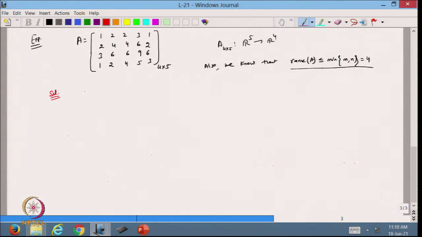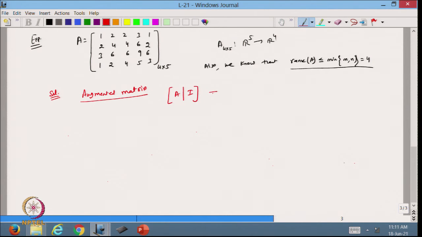For this I take the augmented matrix. So, this is my augmented matrix, A augmented with the identity matrix I.